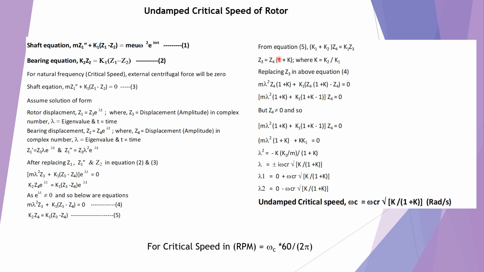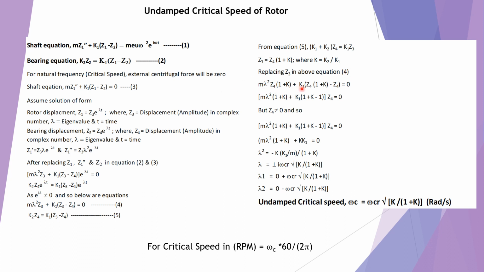So from equation number 5 we can write (k1 plus k2) z4 is equal to k1 into z3. So z3 is equal to z4 into (1 plus k), where k is equal to k2 upon k1.